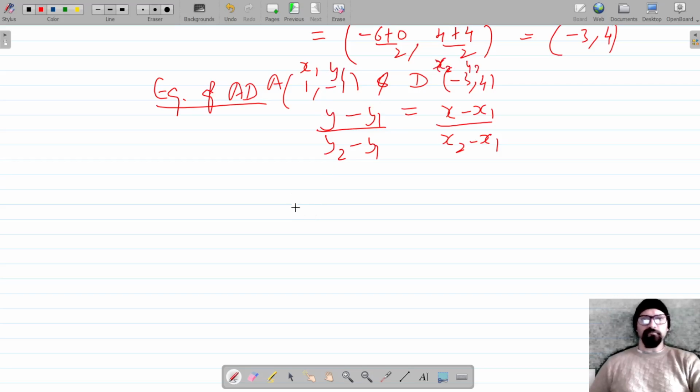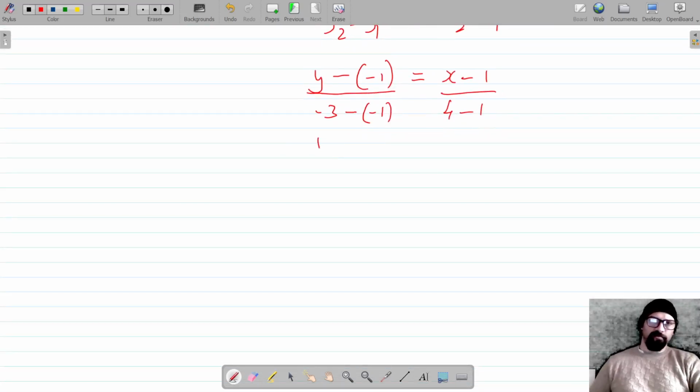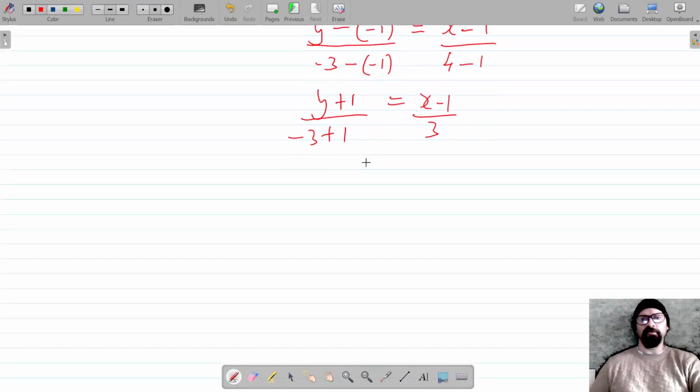Okay, so y remains as it is. y1 is negative 1, y2 is negative 3, negative of negative 1, which is equal to x minus x1, which is 1, x2 is 4. Which becomes y plus 1 upon negative 3 plus 1, which is equal to x minus 1 upon 3.